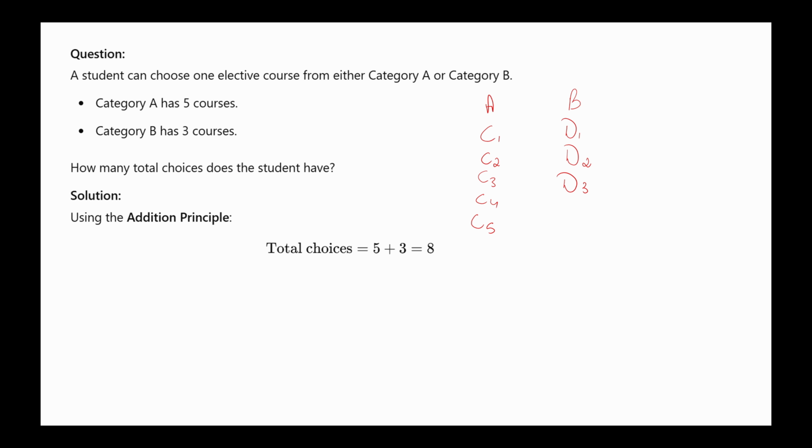How many total choices does the student have? First of all, he has to choose only one elective course. It can be either from category A or from category B. That means in total he has, of course, 8 choices. So that would become my answer, right? The addition principle would be used here, because I can choose either from category A or category B.